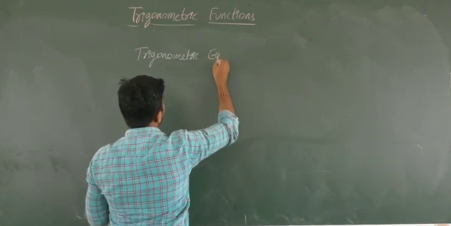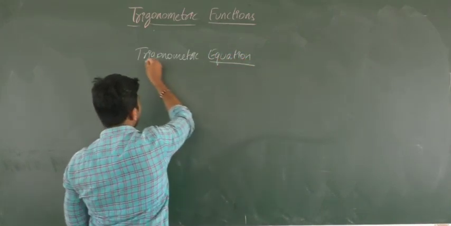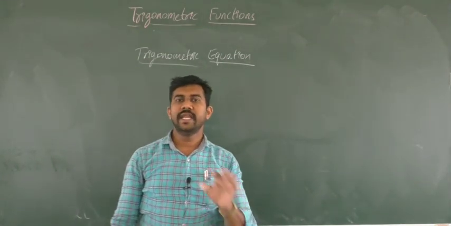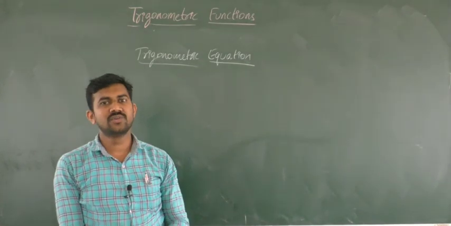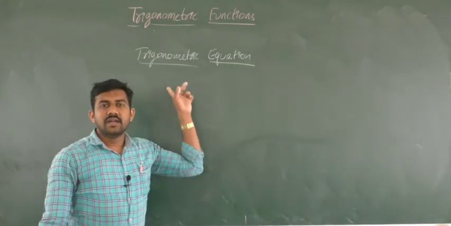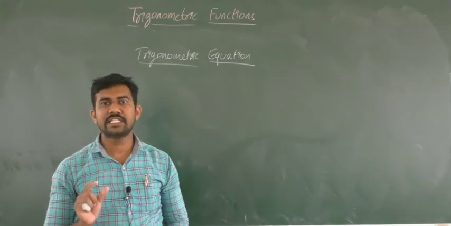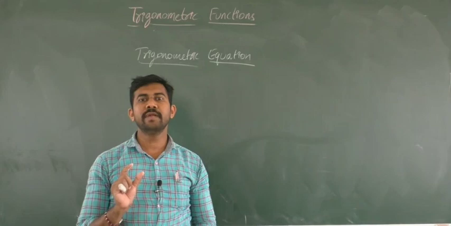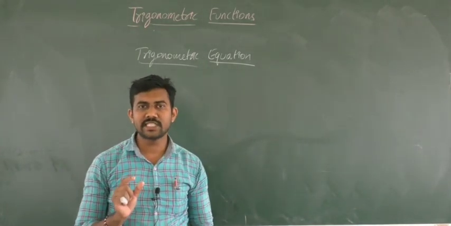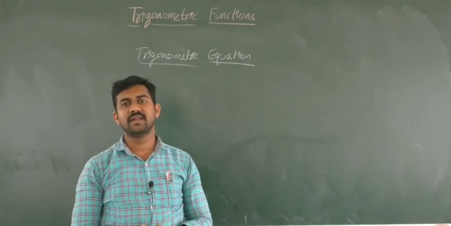You are already familiar with the word equation. You studied in your high school classes, right? Equation means it contains variable, constant, equality sign, right? So that is nothing but equation. But what is meant by trigonometric equation? Trigonometric equation means an equation which contains trigonometric function as its variable.